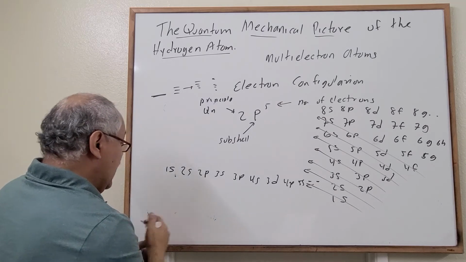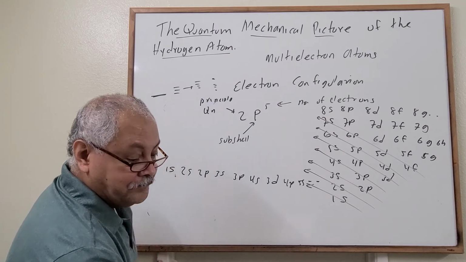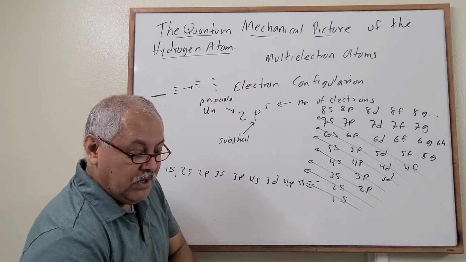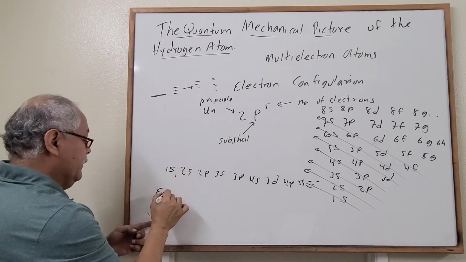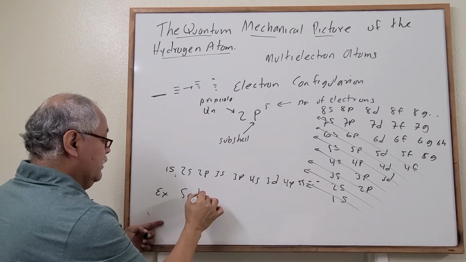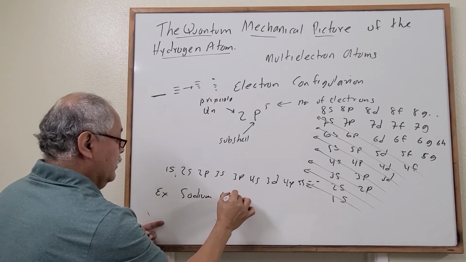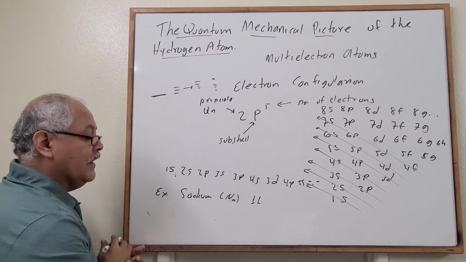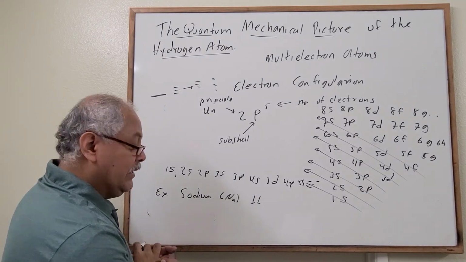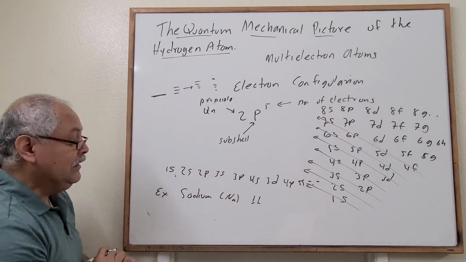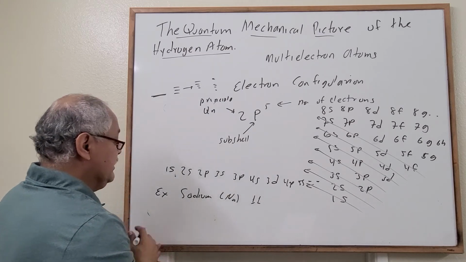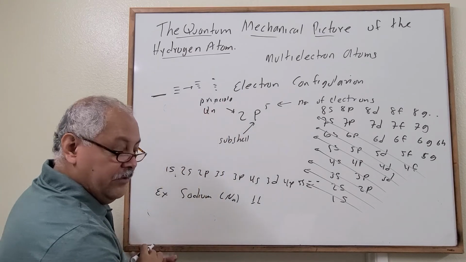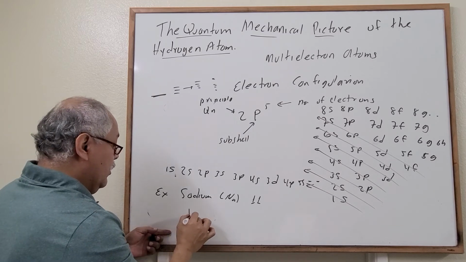For example, if we have sodium, right? Imagine that we have sodium as an example. Sodium has 11 electrons, right? Our atomic number is 11. So how to represent this element using the electron configuration? Well, it's going to be 1s2.